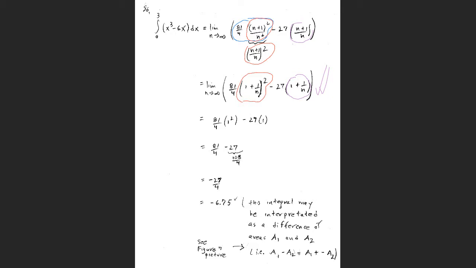What I'm saying is, you notice here we have 1 over n in two places, and we're going to let n go to infinity. So what's the limit of 1 over n as n goes to infinity?